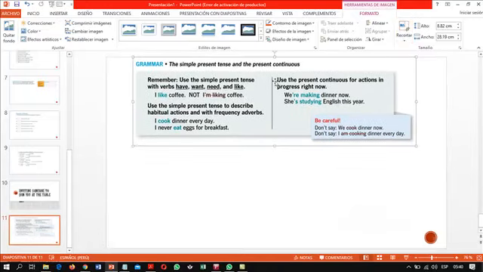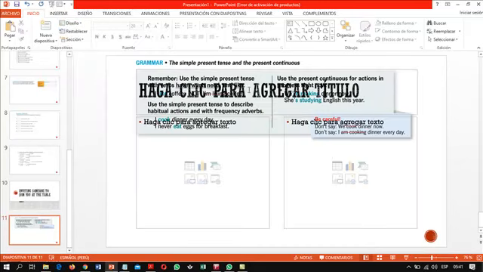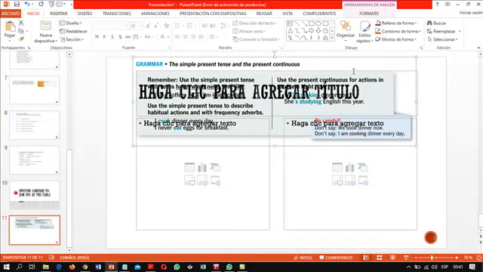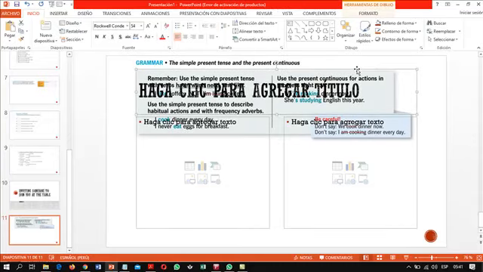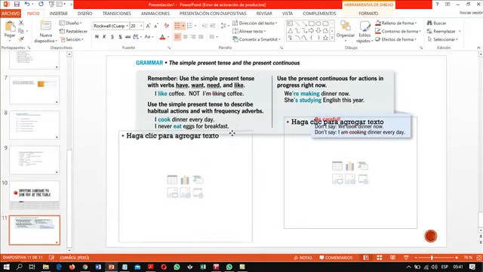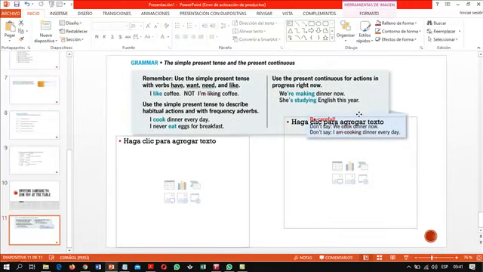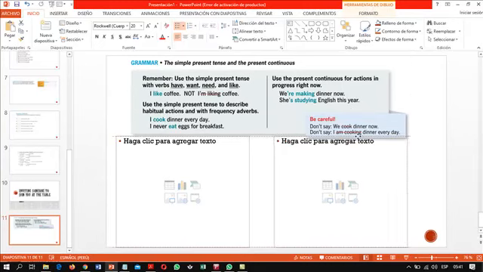This is not as difficult as it might seem. So basically what you have to take into account are the differences between both grammar tenses. So on one side we have present simple and on the other side we have the present continuous.